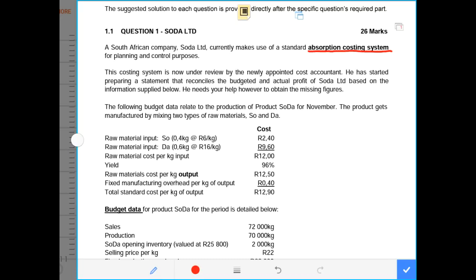Now it says for planning and for control purposes, they are using the standard absorption costing system.